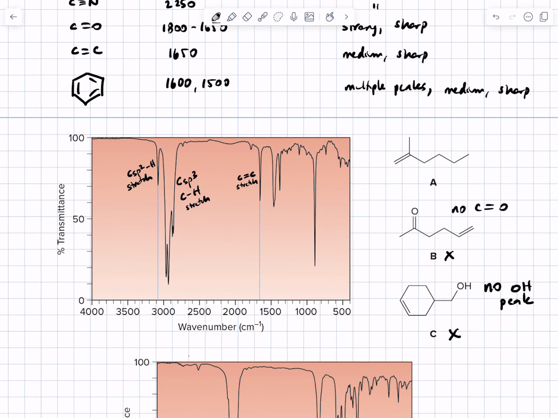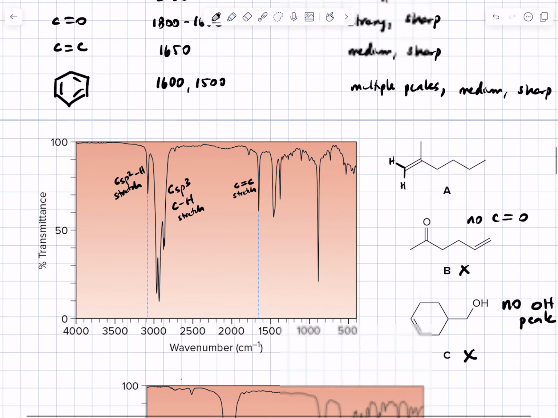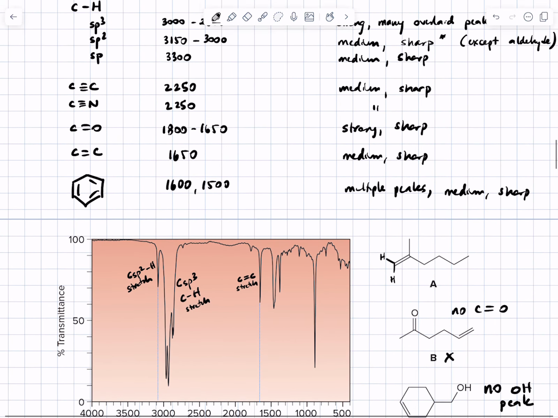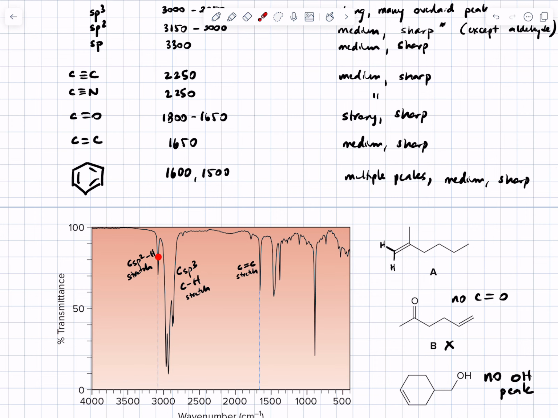As I look, I have two sp2 hybridized carbon-hydrogen bonds there. So you can look for those on alkenes that have hydrogens, and they should show up at just a little bit higher frequency than your characteristic sp3 CH bonds.